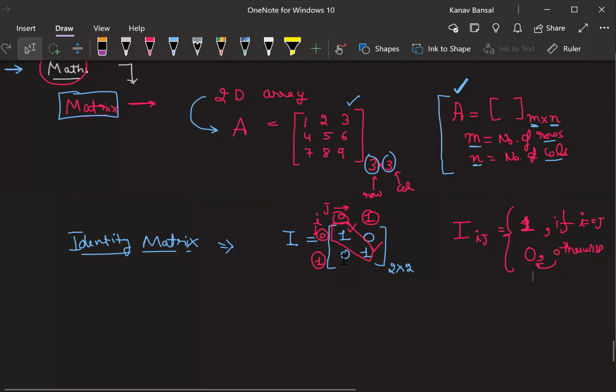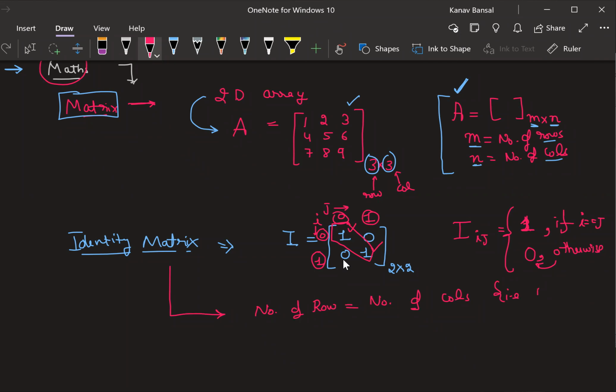Perfect. Now the next thing, what is the other property of identity matrix? There is one more property. That property is that the number of rows in the identity matrix should be equal to the number of columns, which means it should be a square matrix.